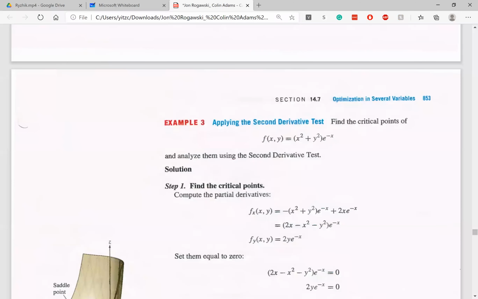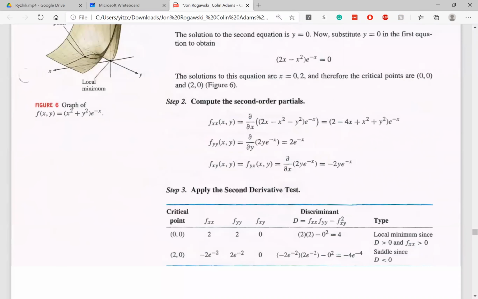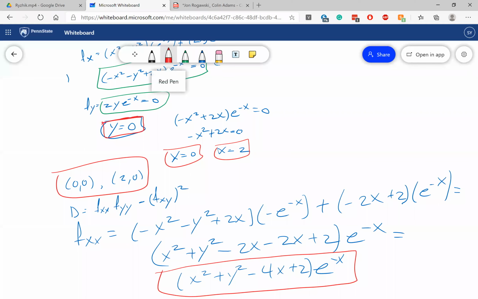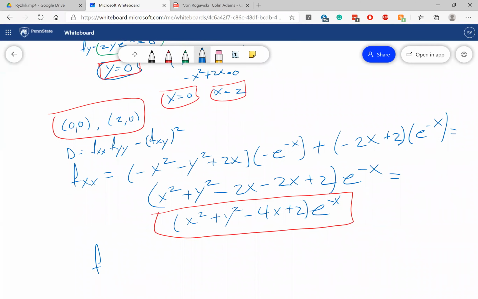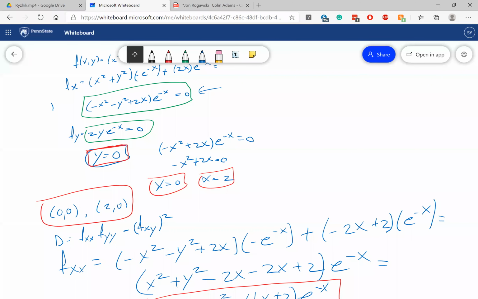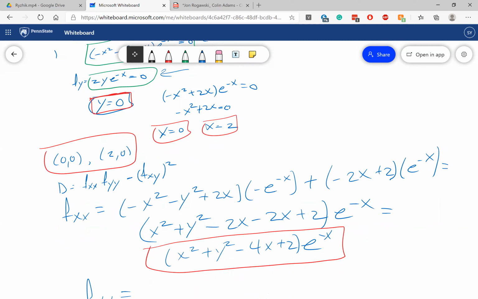Let me just check. Okay, good. Now let's look at the partial of f with respect to y twice. So now we're looking at this over here. That's going to be 2e to the negative x.